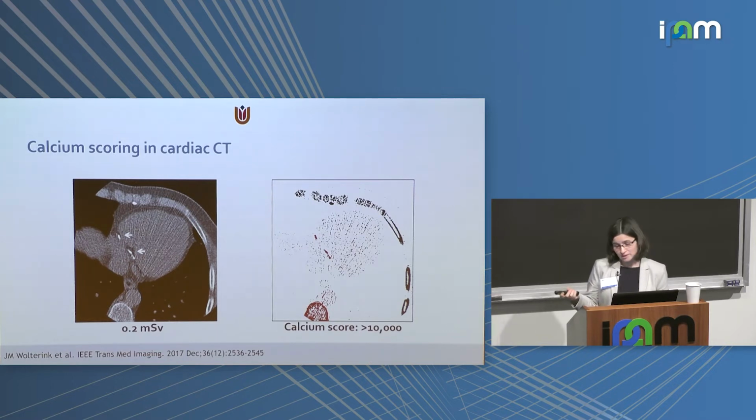But on the right-hand side, you see that if we threshold the image and use the standard procedure to identify lesions, they're connected through noise with actually most of the structures in the volume, and in this case also with the spine. So the calcium score is then extremely high. It just cannot be done.